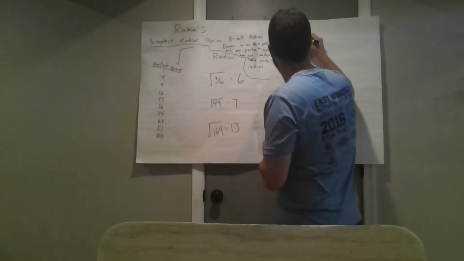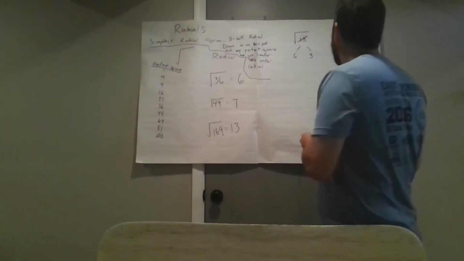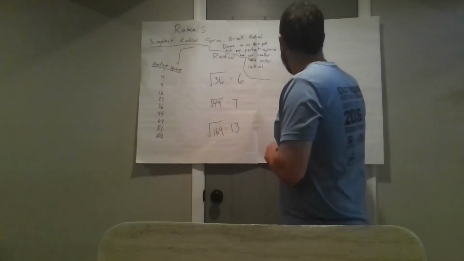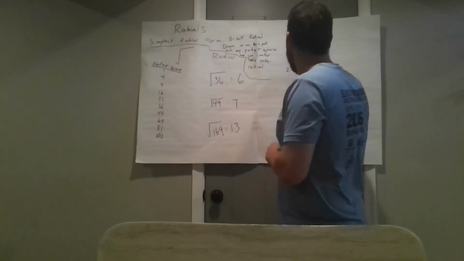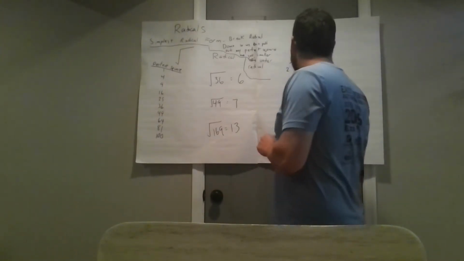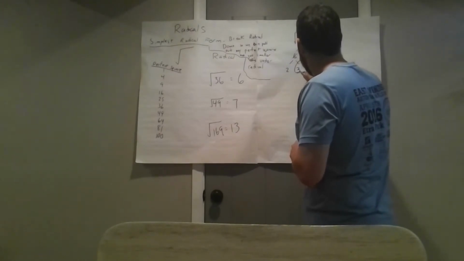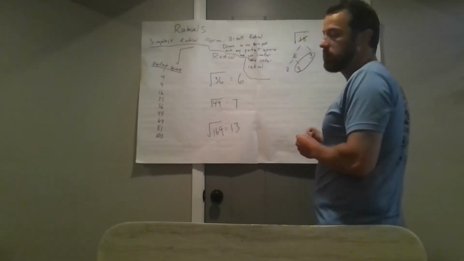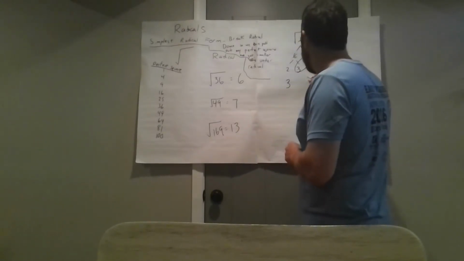And what I do is when I do my factor tree, I'm going to cross out the number when I'm done with it. And 6 is 2 times 3. And again, I crossed out that number when I was done with it. Now, any number, if it has a pair, I'm going to circle it. Anything with a pair goes on the outside of the radical.